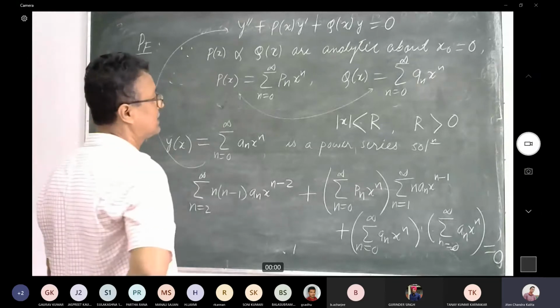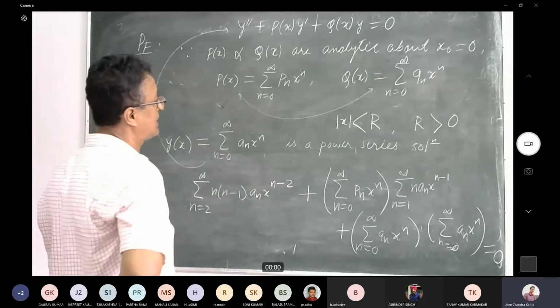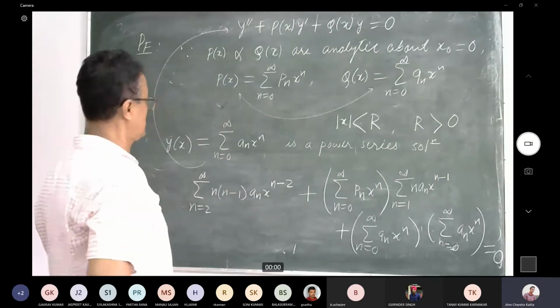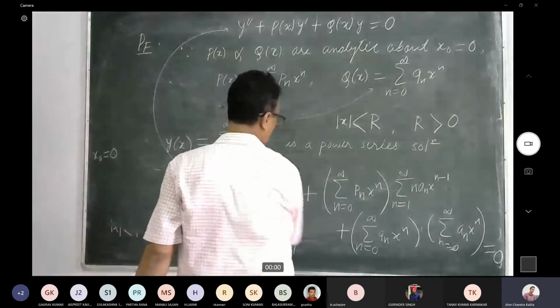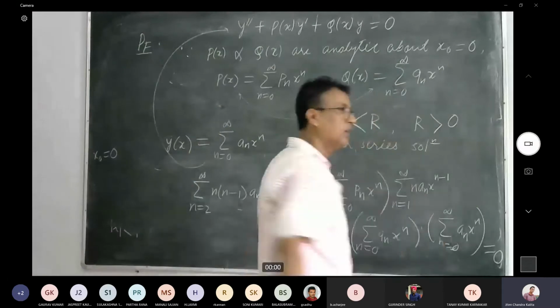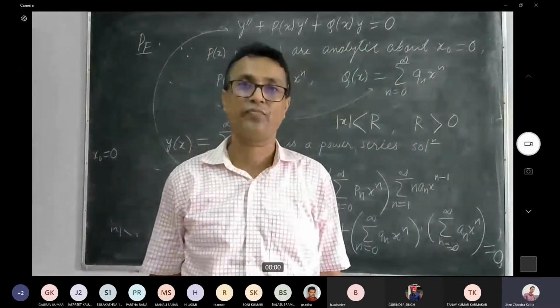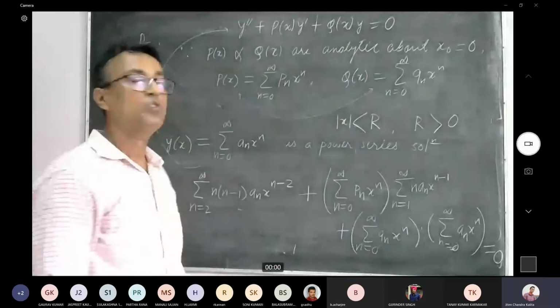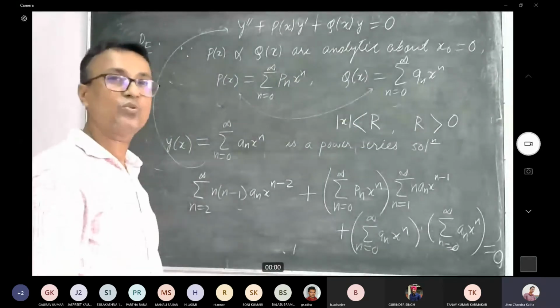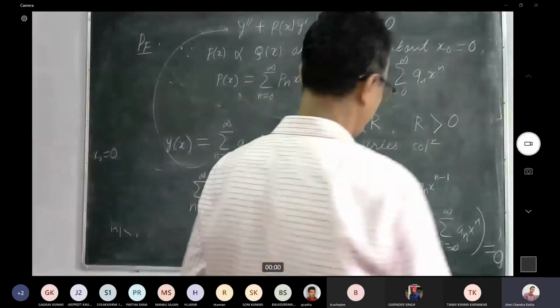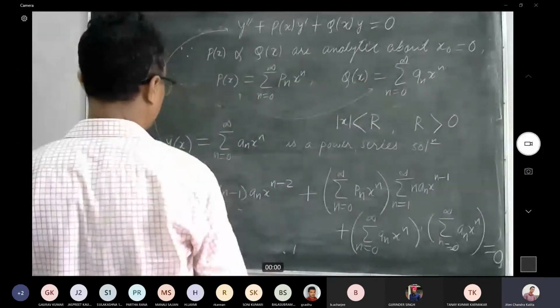Eventually, you will see that all the power series, like this one and this one, are going to start from x to the power 0. So I don't have to do any adjustment here. Is it okay?